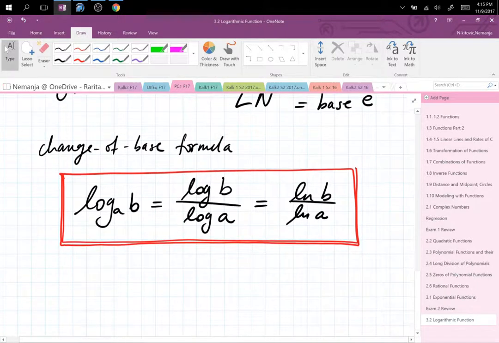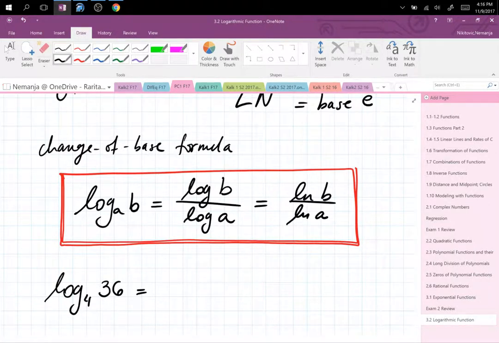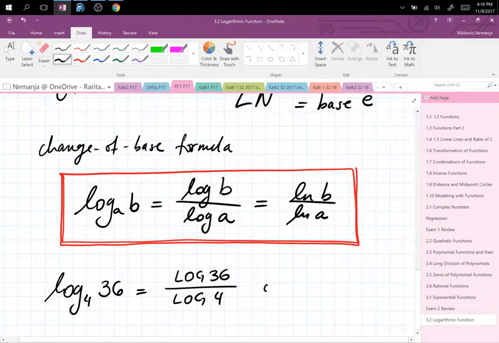So now, what do I do with my log base 4 of 36? I know that I need to get 2 point something if I do this correctly. Well, looking at my formula up here, it is going to be log 36 divided by log 4, or ln 36 over ln 4. Pick whatever you want.